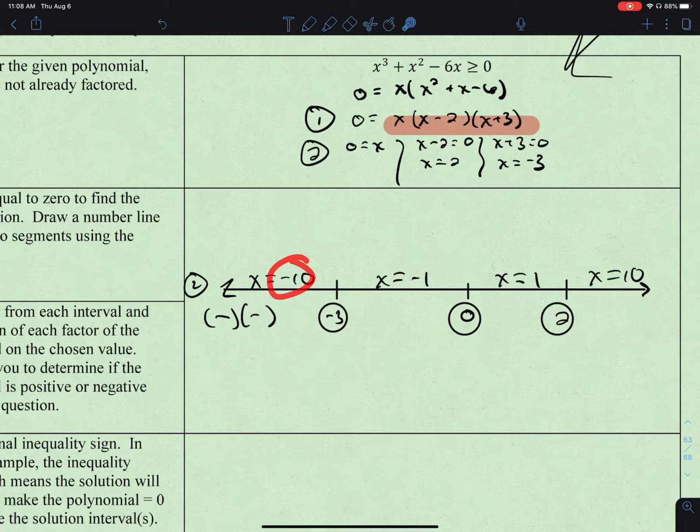If I put a negative 10 in here for x plus 3, a negative 10 plus 3, is that positive or negative? That's also negative. If you multiply 3 negatives together, you're going to get a negative answer. Going to bring this down, divide this, and divide this, and divide this.